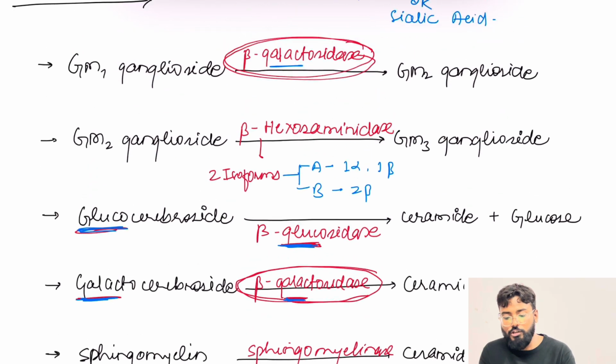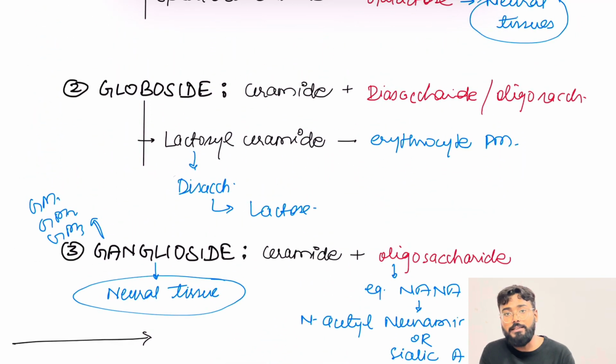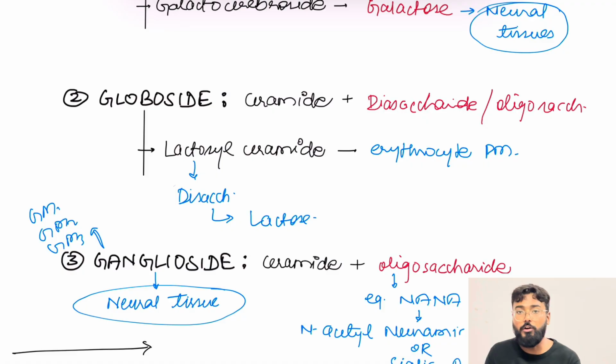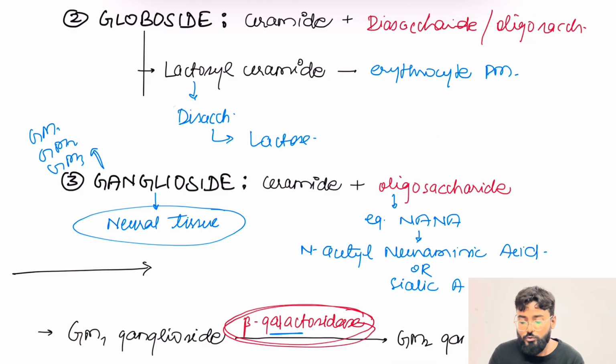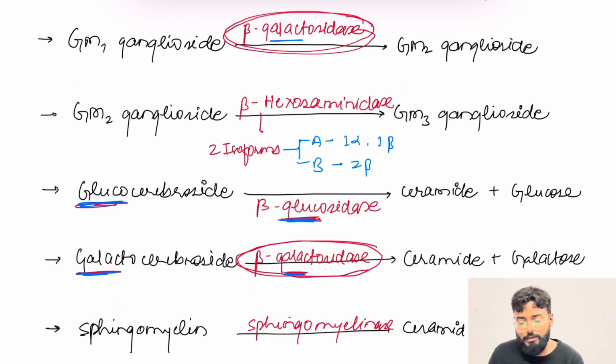Now this was all about the enzymes and the substrates that are involved in diseases, which is your sphingolipidosis. So if you remember these enzymes and substrates, it will be a lot easier for you to understand those particular diseases. There are around 7 to 8 diseases that we are going to see.